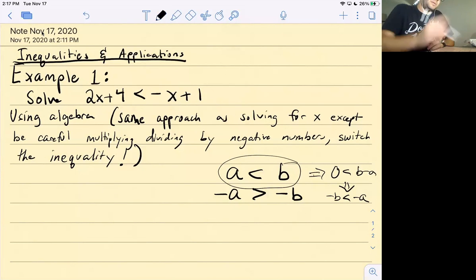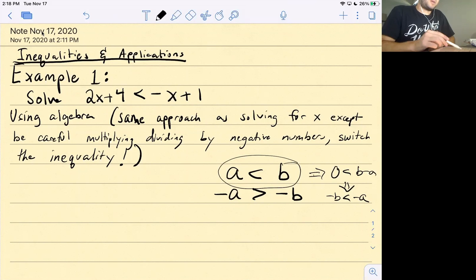But in this example, solving for x, we can add x to both sides. My strategy for solving inequalities is that I know I can forget flipping the inequality sign, and I generally don't like dividing by negatives because I have to remember to be careful. I like to always make my coefficient in front of x positive.